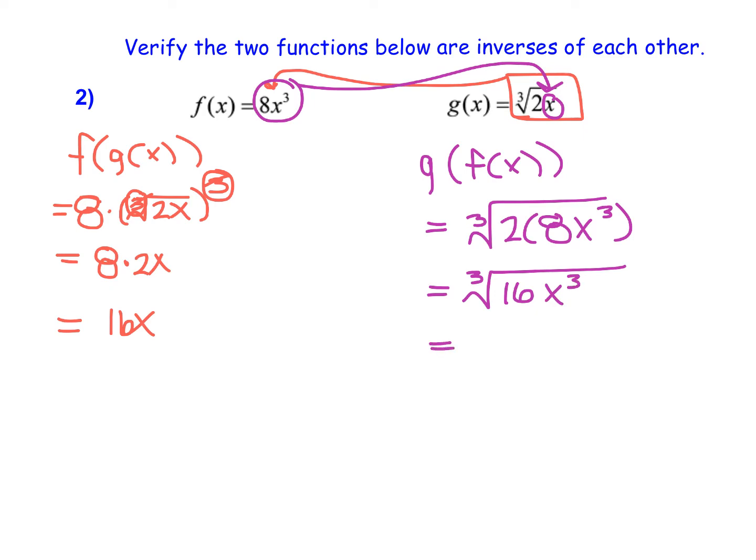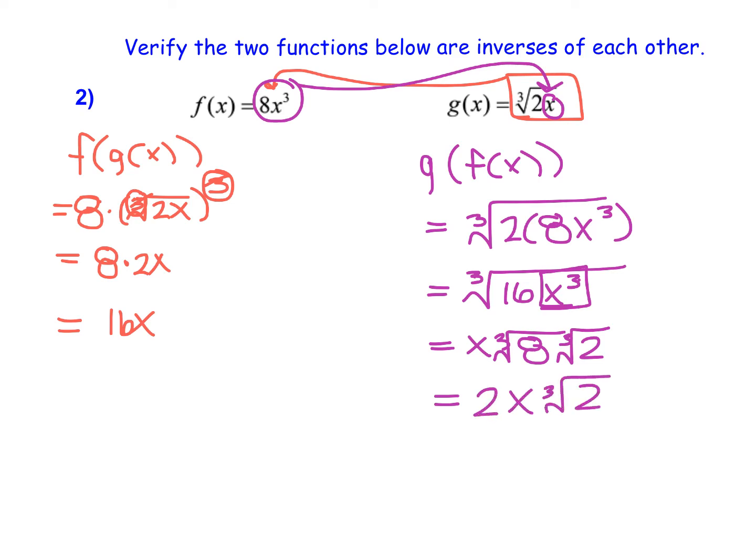Well, 16 isn't a perfect cube, which is unfortunate, but this x cubed is a perfect one. So with x cubed and the cubed root, I can pull the x out in front. Then I can break 16 down into 8 and 2. The cubed root of 8 is 2, so I get 2x times the cubed root of 2.